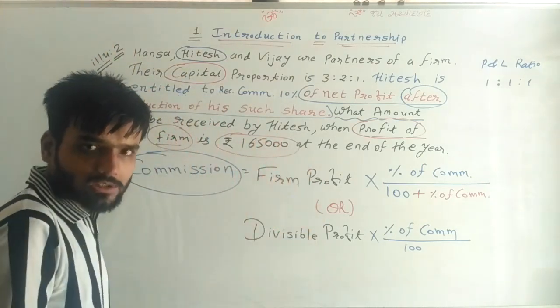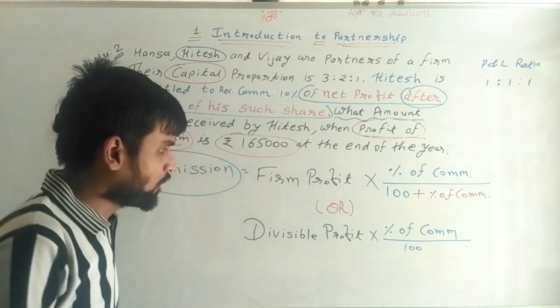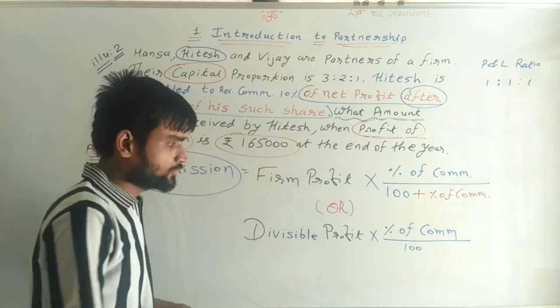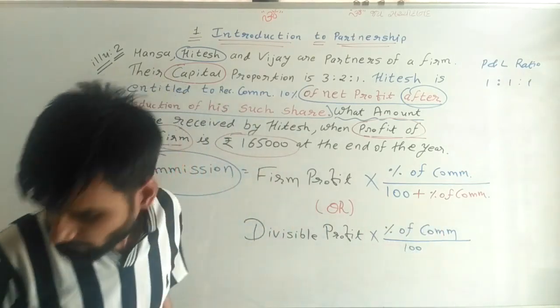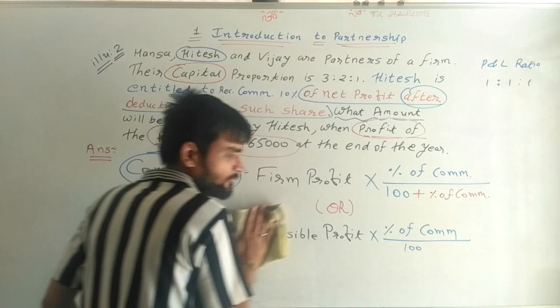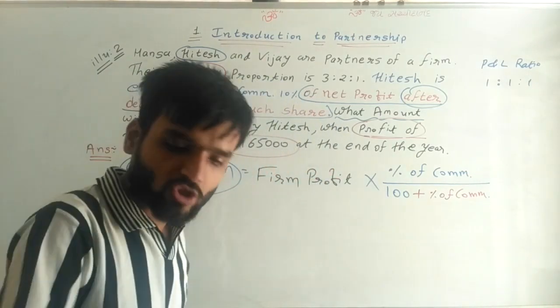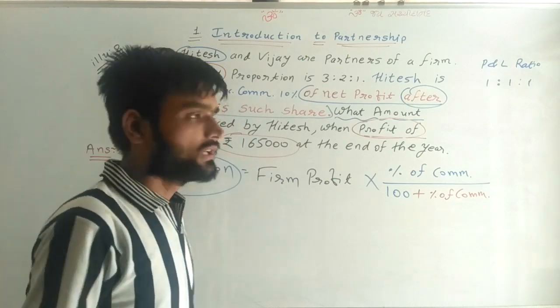For this particular sum, the calculation is done on the basis of the first formula only. So I rub out the second formula and do this sum on the basis of the first formula.